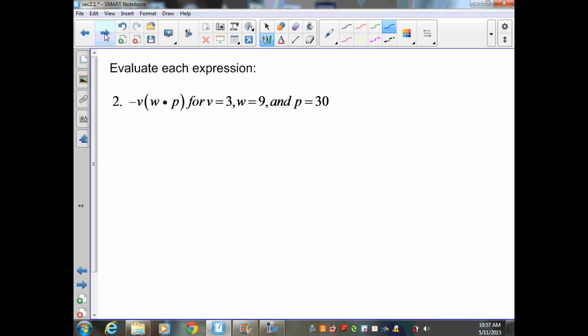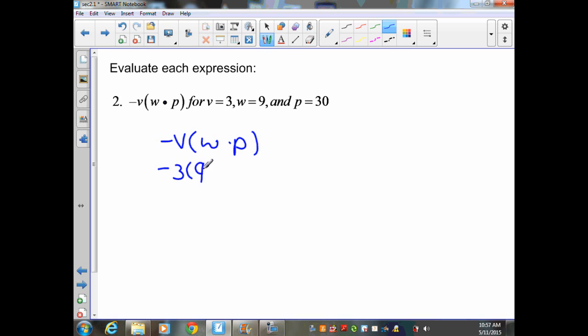Same directions. Evaluate each expression. I have a number 2, negative v times w times p. And they give me what to substitute. I'm going to write this again if I'm at home. I write it from the book. So I need to show this step. Then I substitute. I bring down my negative. My v is 3.